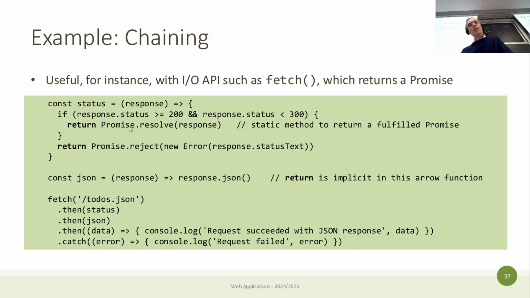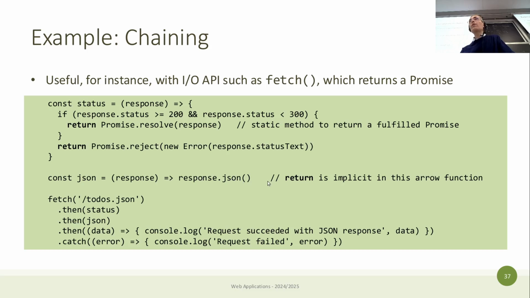If we go here, Promise.resolve response, this promise will have a value response, and this response will be passed to the next callback, JSON, which takes a parameter that we again called response, just for convenience, to see that they match. And we will return the value response.json.